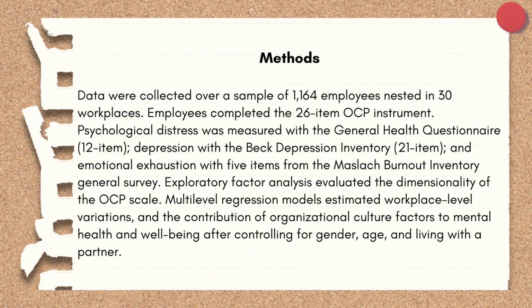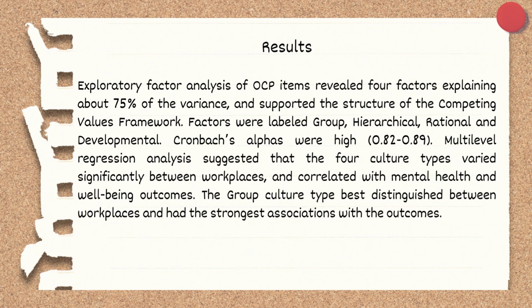Exploratory factor analysis evaluated the dimensionality of the OCP scale. Multi-level regression models estimated workplace-level variations and the contribution of organizational culture factors to mental health and well-being, controlling for gender, age, and living with a partner.